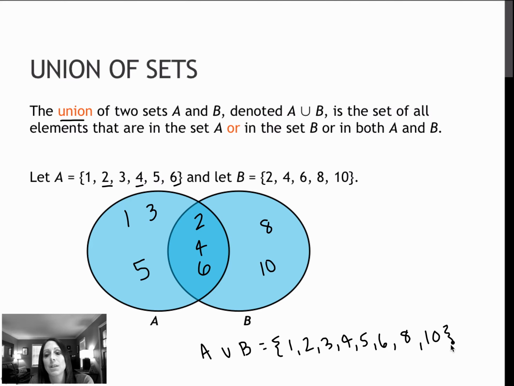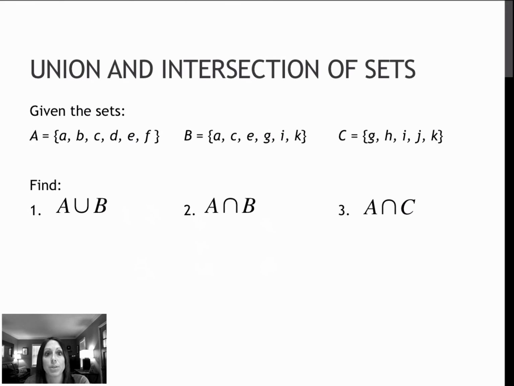So all of the elements that belong in either one of the sets is the union of sets. So notice the U for union, it's kind of like a cup where you just throw everything in. That's how it helps me to remember which one is which.